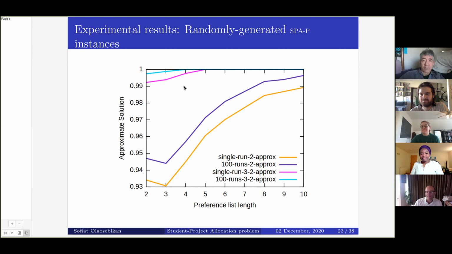I have a question. This is not about your experimental slide. This is about your NP completeness proofs. You were able to show that some of your problems were NP complete.